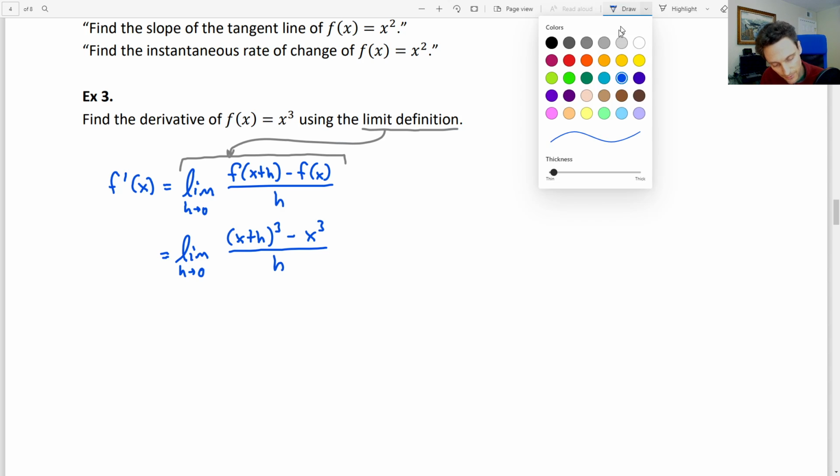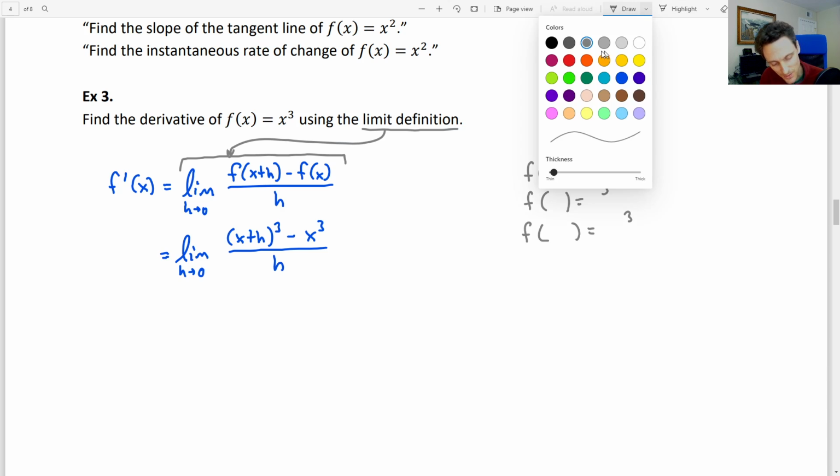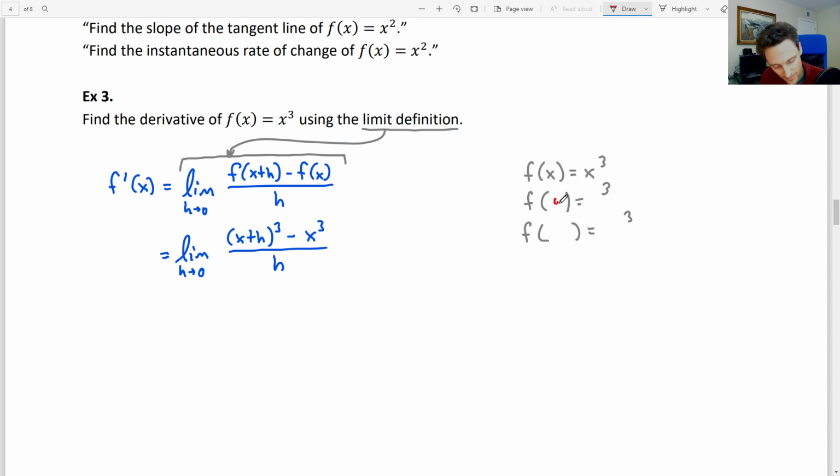Sometimes this throws people off, so let me just take a moment to do something off to the side. If you have f of x equals x cubed, well, f of 5 would be 5 cubed.